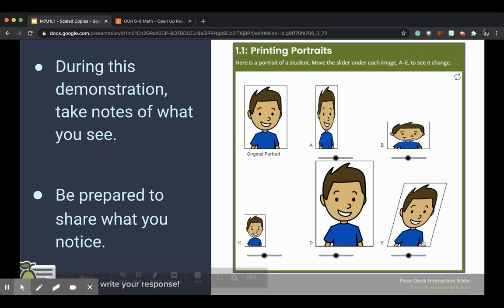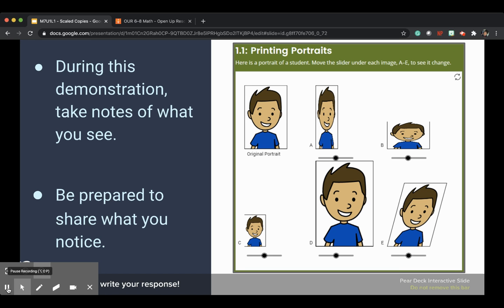So the portrait is no longer a rectangle. And then if I look specifically at C and D, it's a larger copy or a smaller copy of the original portrait, but everything still remains the same. So hopefully this makes a little bit of sense. Now, the third question revisited that question about what is a scale copy.